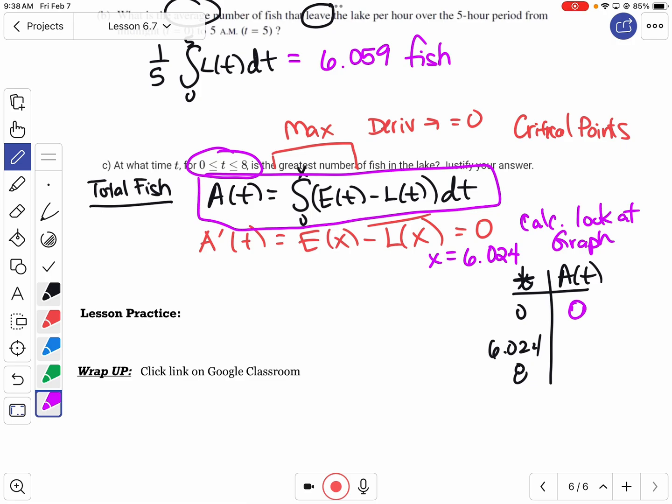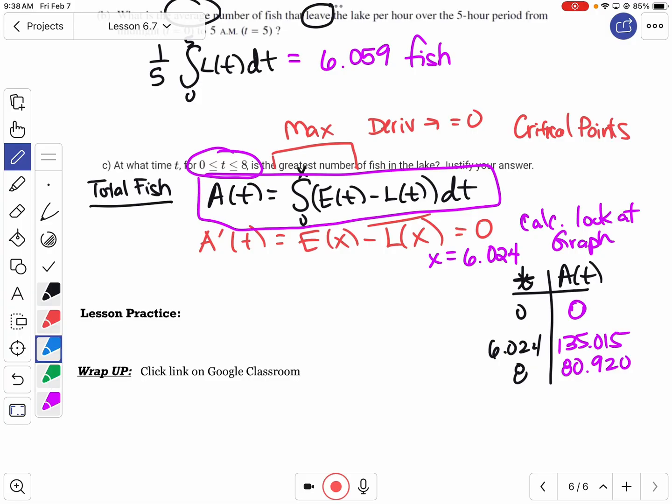All right, so for 6.024, I think you get 135.015, and then 80.920. The candidates' test is justification. That's what's nice about it. We plug it into the A function.